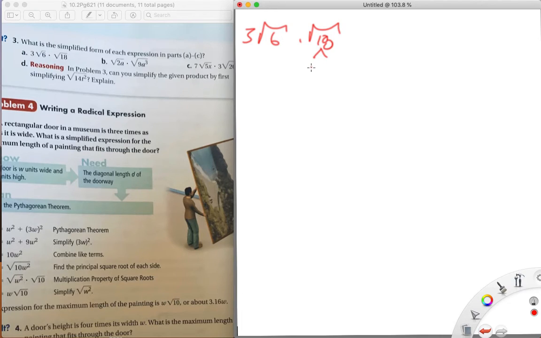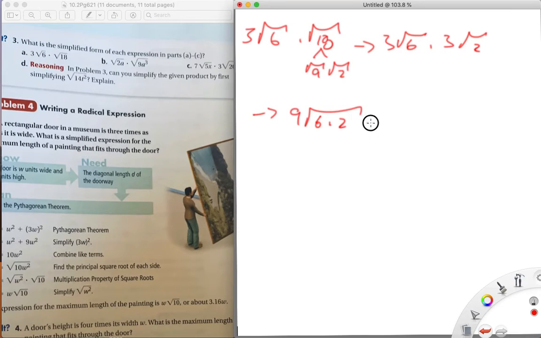So this is going to be the square root of 9 times the square root of 2. So I can rename this 3 square root of 6 times 3 times the square root of 2. And then I can multiply these two guys separately, which gives me 3 times 3, which is 9, times the square root of 6 times 2, which is 9 times the square root of 12.